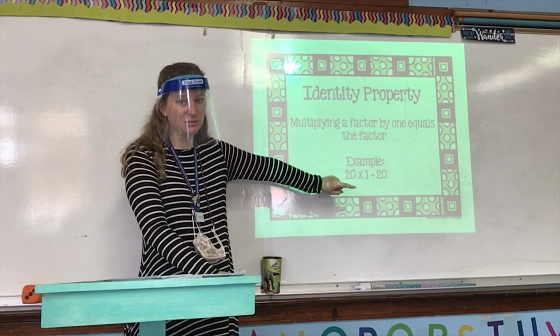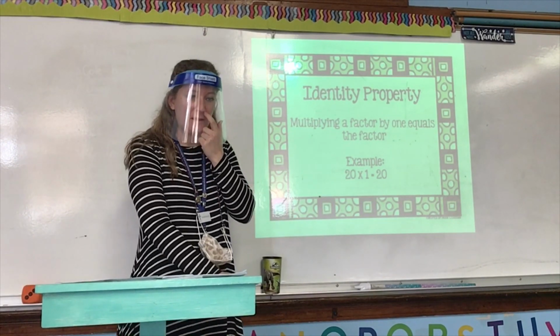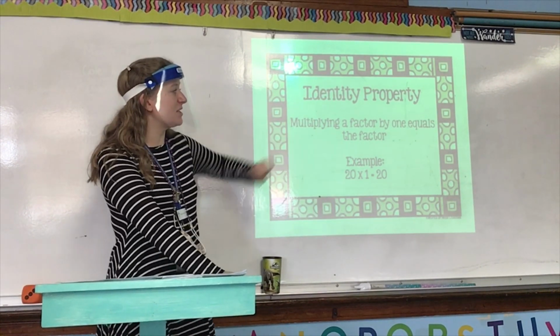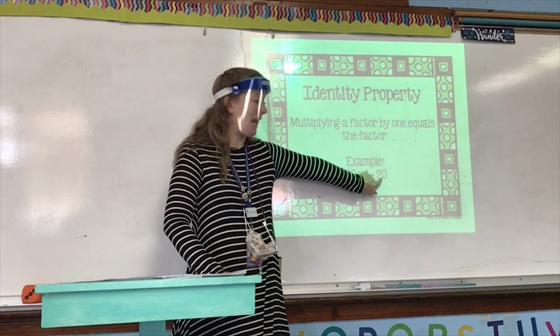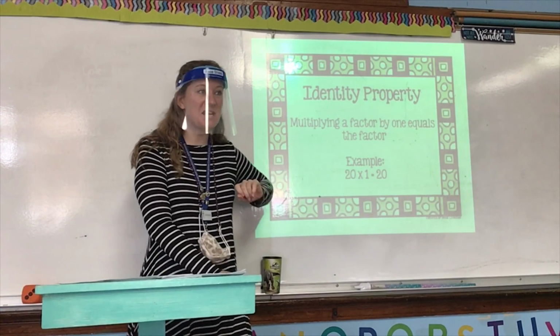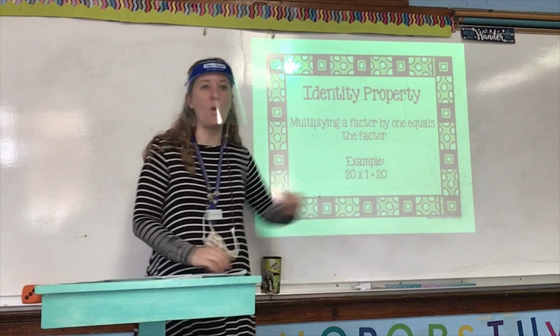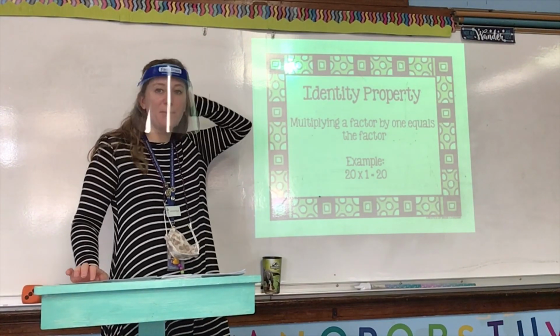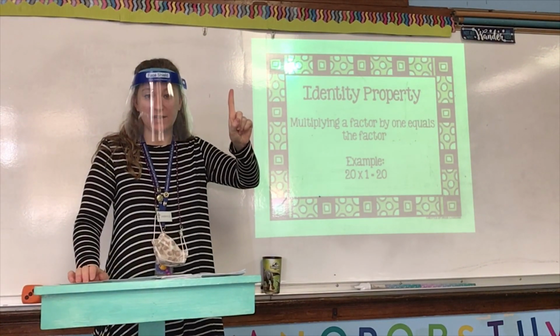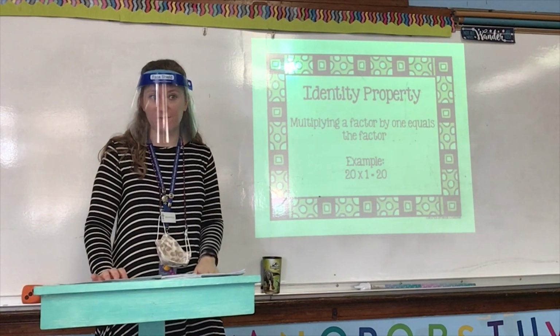So 20 times 1 equals 20. So it's similar to the identity property of addition in that our answer is the same as the number. But it's different because we're not adding 0. We're multiplying by 1. So identity property of multiplication has to do with 1, not 0. So do not get those confused.